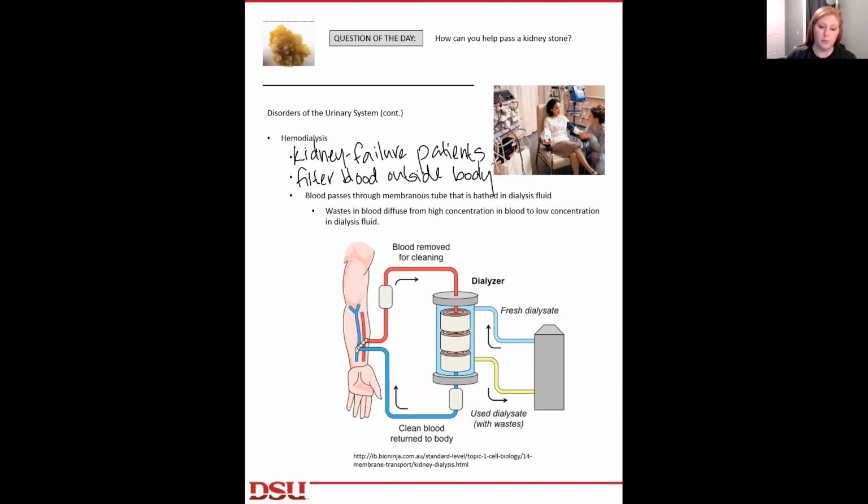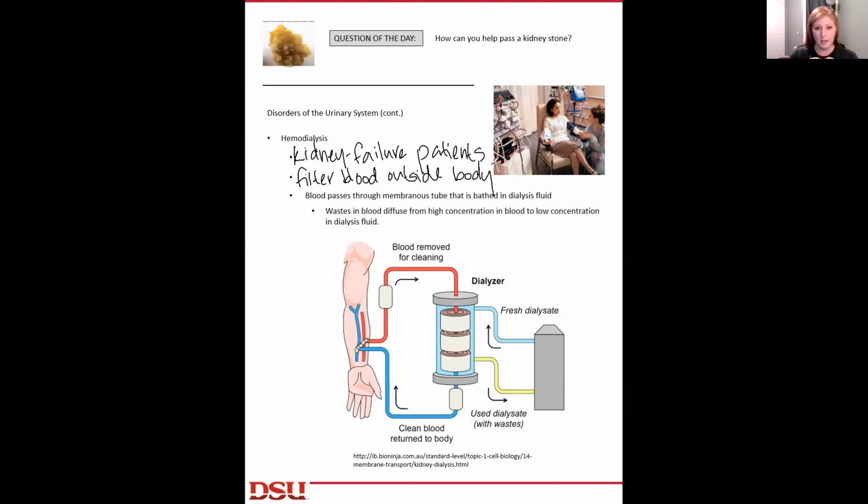So the blood diffuses from high concentration in the blood to the low concentration in the dialysis fluid. Again, this is one of those tonicity issues where you have hypertonic in the blood, and so the solute's going to flow down the concentration gradient to the hypotonic environment of the dialysis fluid, okay? And as it does, the wastes are cleaned out of the blood, and then the blood is returned to the body.